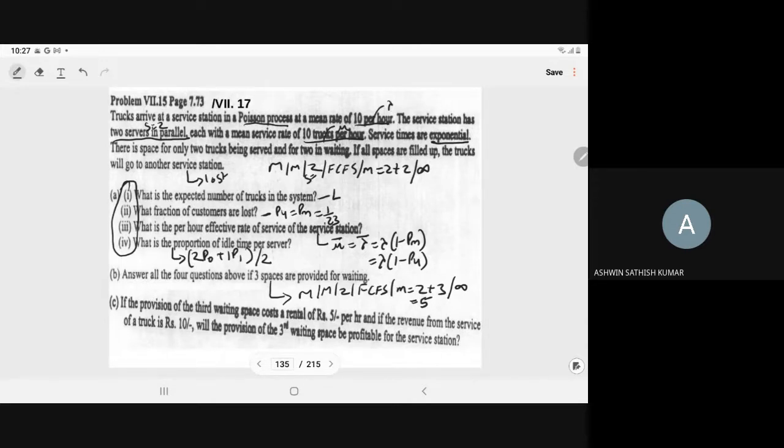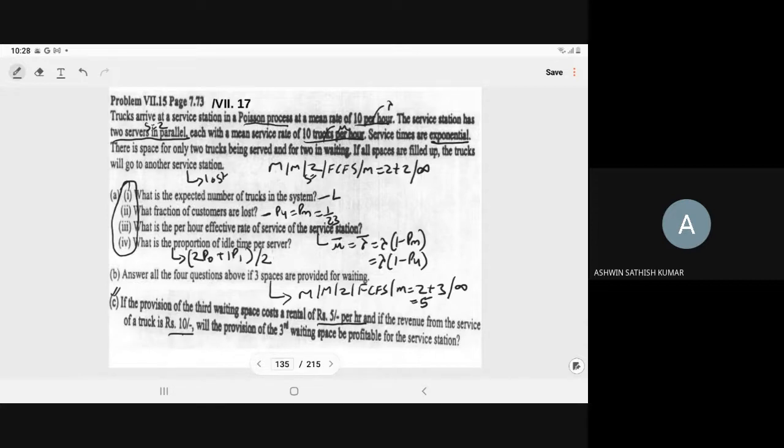Now the main thing is question number C. If the provision of the third waiting space costs a rent of rupees 5 per hour, and the revenue from the service of a truck is rupees 10, will the provision of the third waiting space be profitable?